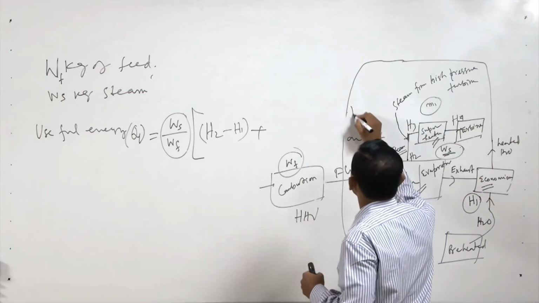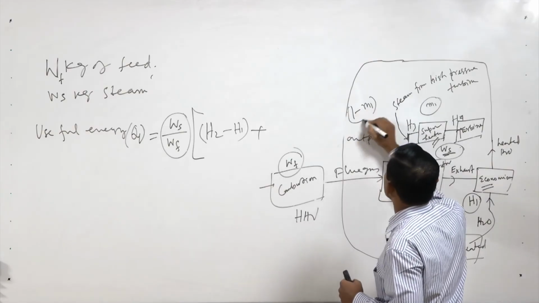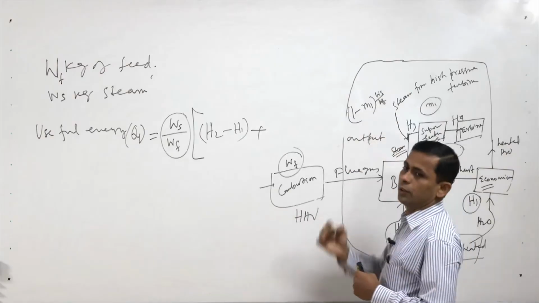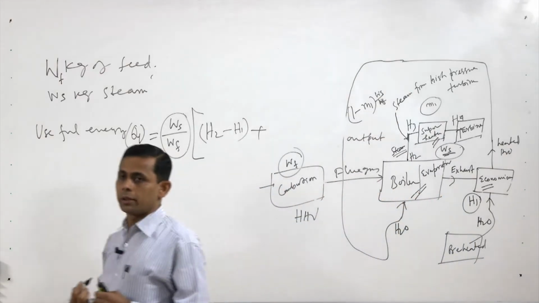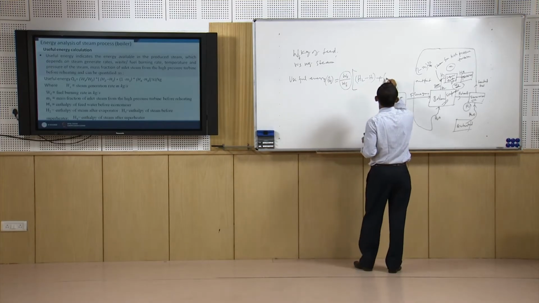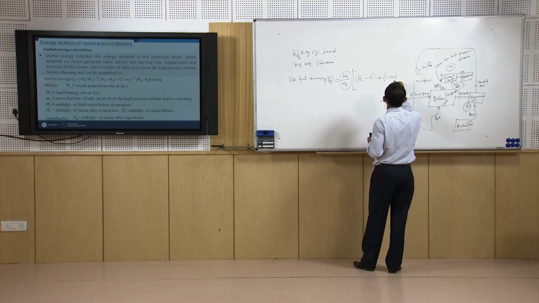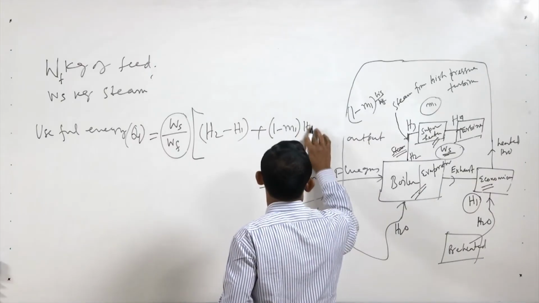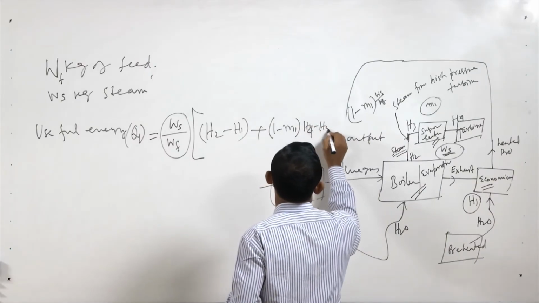So, in that case 1 minus M1 into Ws by Wf, that amount of heat content will be increased. That is why this will be 1 minus M1 into H4 minus H3.